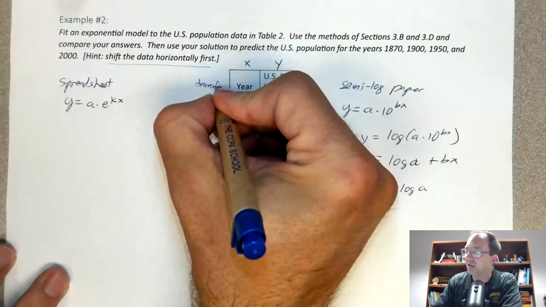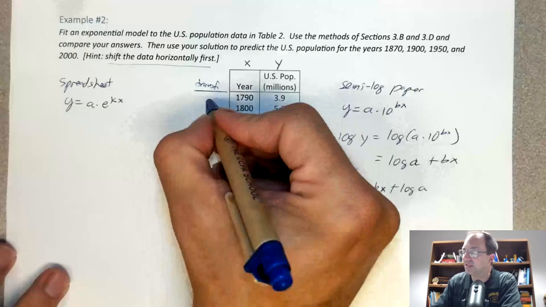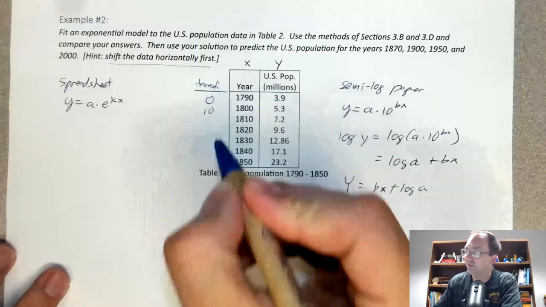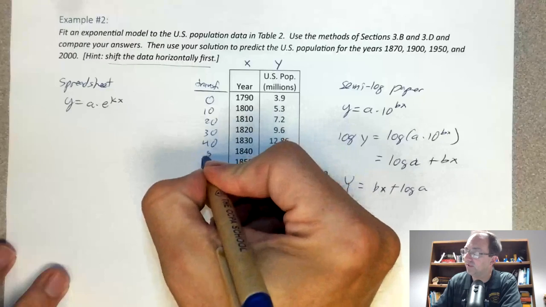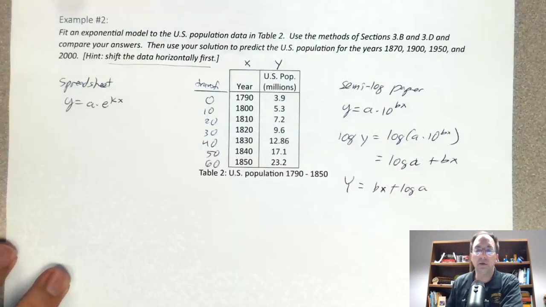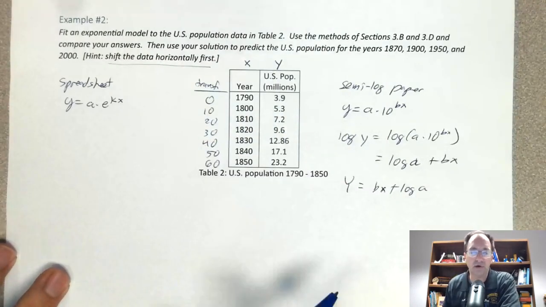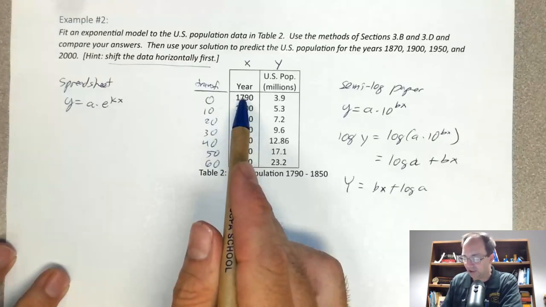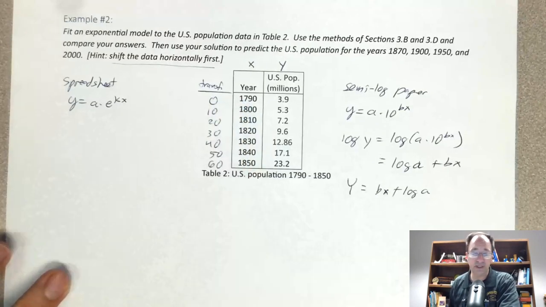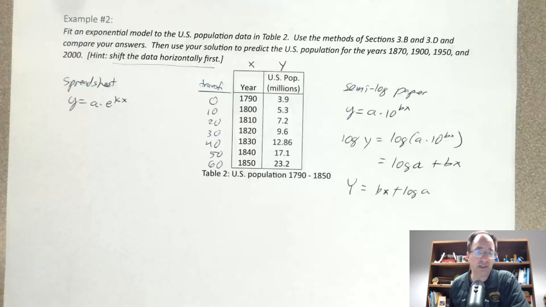The transformed x would be, just let 1790 be year 0, and then we have year 10, 20, 30, 40, 50, and 60. Whether you do it by hand or on a spreadsheet, that's not bad. And there's nothing special about the x value, whether you call it 0 or 1790, as long as we are consistent in what we're doing.